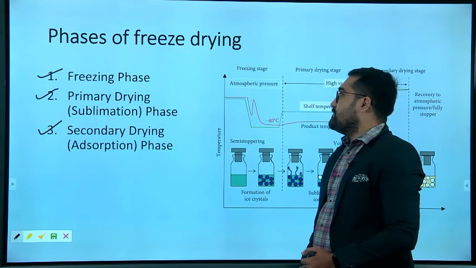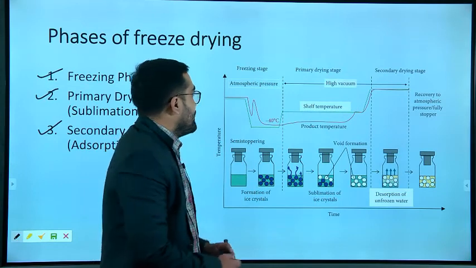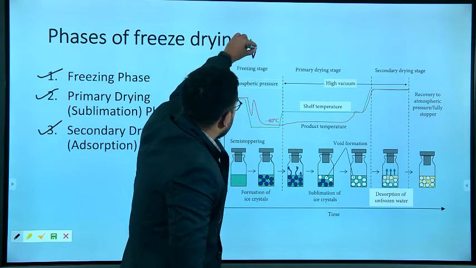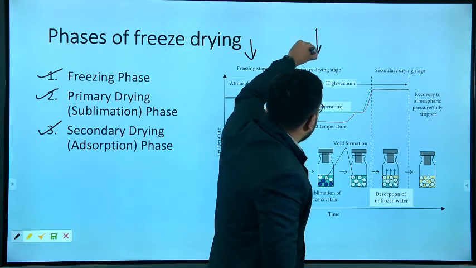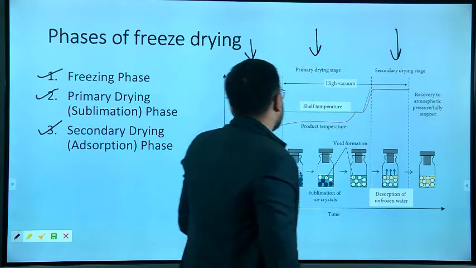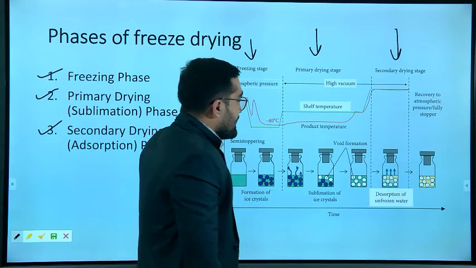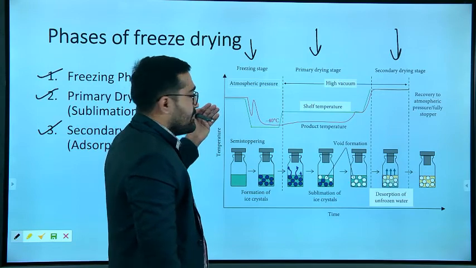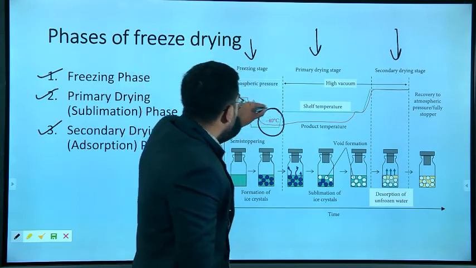So, these 3 phases we will see one by one, but this diagram shows what generally happens in freeze drying. Okay. In a freeze dryer, this is the first stage, which is the freezing stage. This is the second stage, which is the primary stage, and this is the third stage, which is the secondary drying stage. So, what happens in freeze drying? In the first stage, we freeze the product. We reduce the temperature up to minus 40 degrees Celsius. Okay.